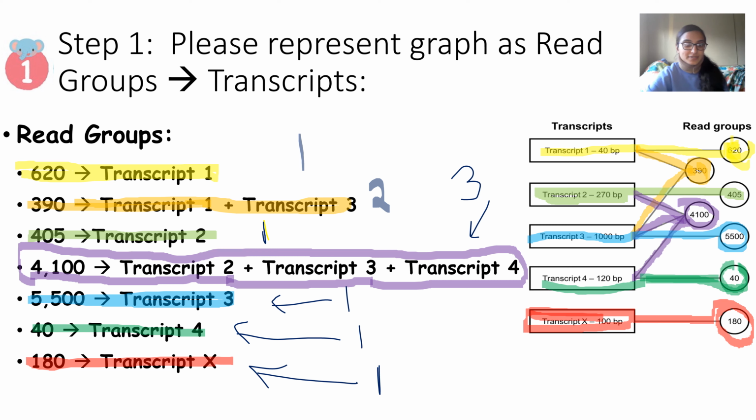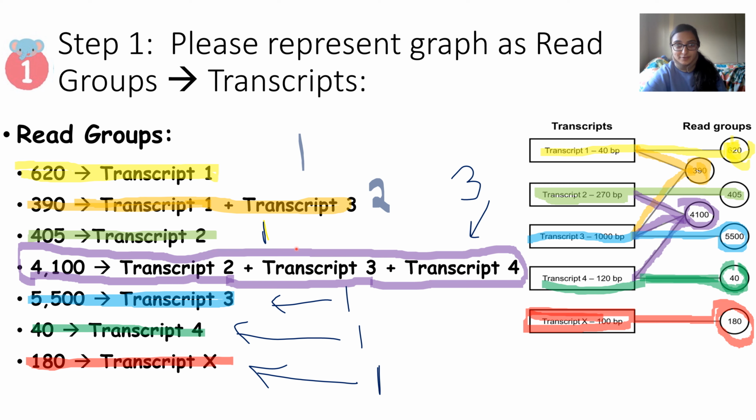As we go, we can map these read groups, so we've gone from our read groups to our transcripts. Again, 620 goes to our transcript 1. It's only coming from transcript 1. But this 390 is coming from both transcripts 1 and 3, so transcript 1 and then transcript 3. That's why we had these here. 405 is only coming from transcript 1, so it has just 1 transcript.